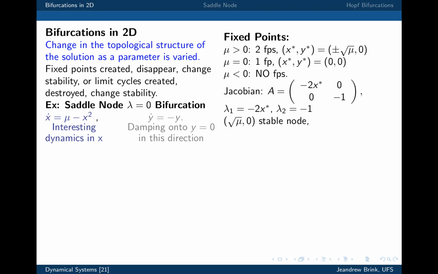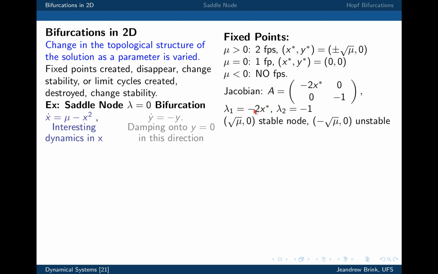And what we can now see is that this value of the square root of mu, if we substitute this back into the eigenvalue, we see that they are both negative, and therefore it's a stable node. The second eigenvalue, if mu is greater than 0, is minus mu. Okay, so minus 2 times minus square root of mu is simply positive.